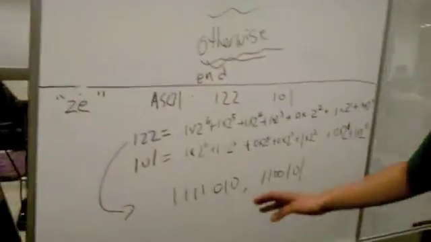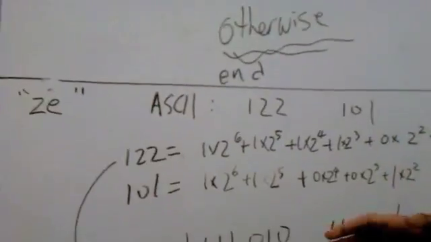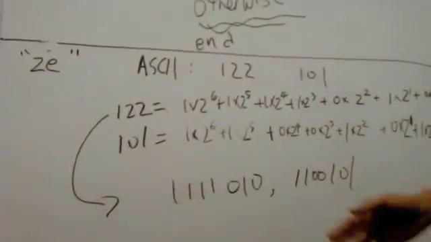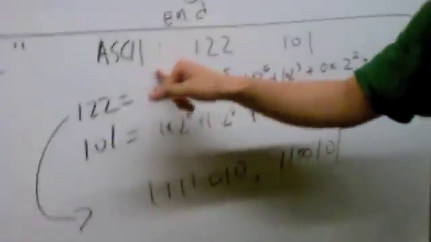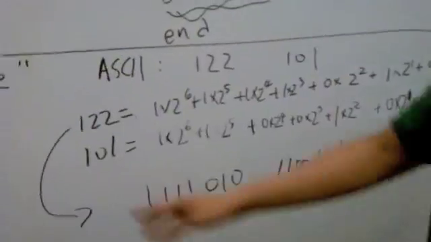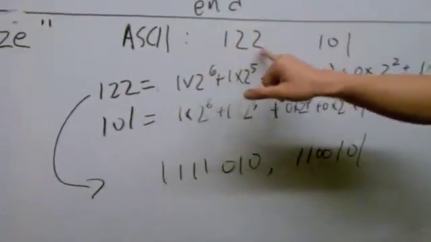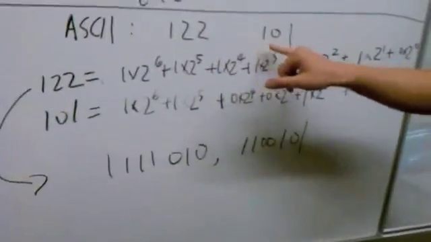Okay, I'm going to talk about binary numbers. What I'm trying to do now is convert ZE to binary. I looked up the ASCII table, and I found that Z is number 122, and E is number 101.